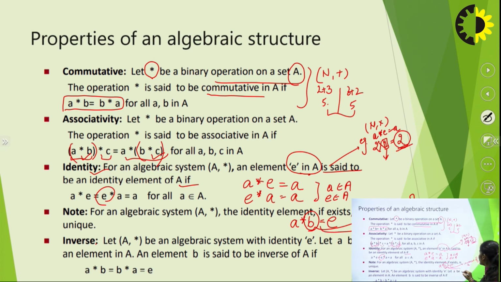Or we can write it as A star A inverse equals E. For a common example, if I take 2, what will be the inverse of 2 so that we get 1 as the identity element? If I take 1 by 2, then we get 1 as a result, but 1 by 2 is not a natural number. So in the case of natural numbers with multiplication, no inverse exists, right? So this is the inverse property.